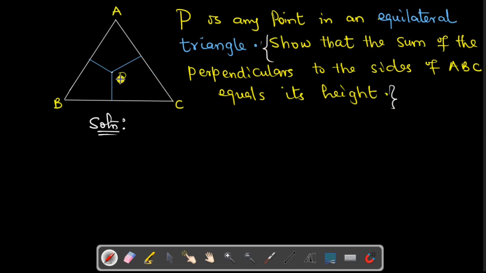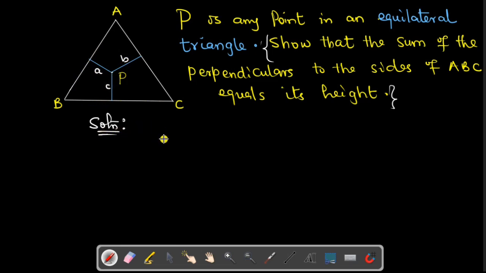So we picked an arbitrary point P, and now these lines are perpendiculars. That means they form perpendicular angles with all of the sides here. Let's call this one line a, this one line b, and this one line c.